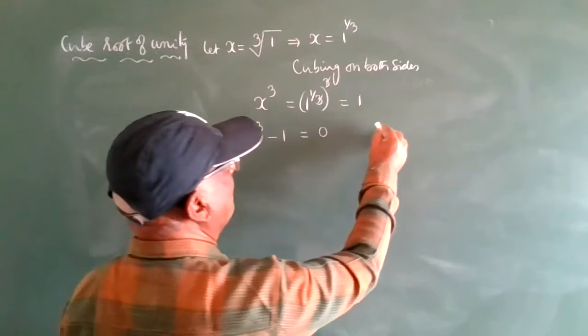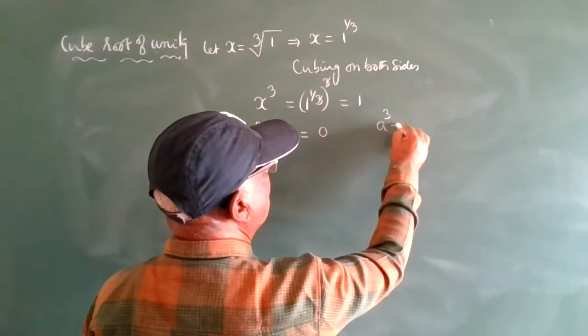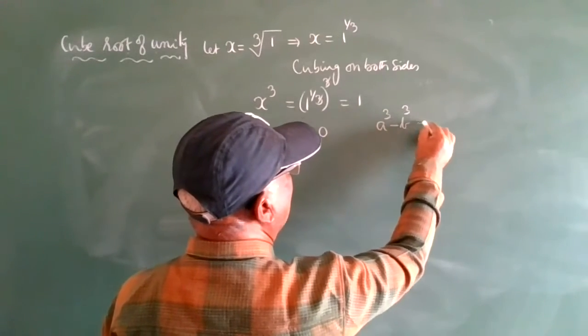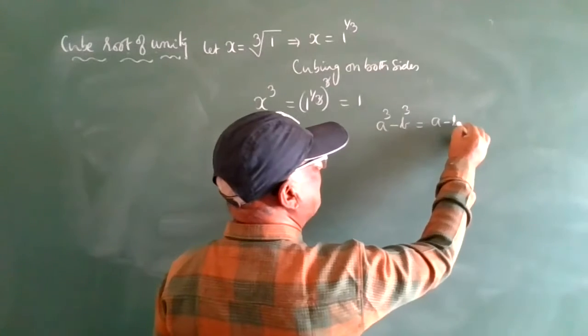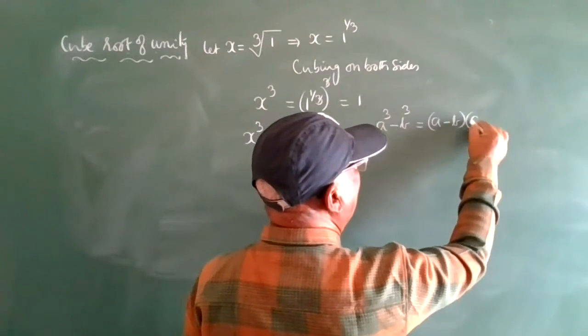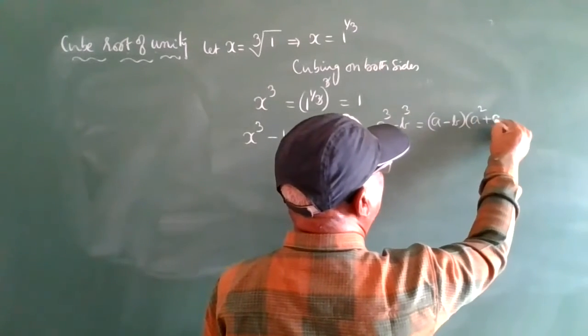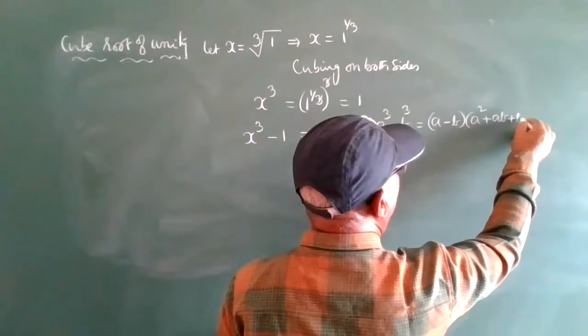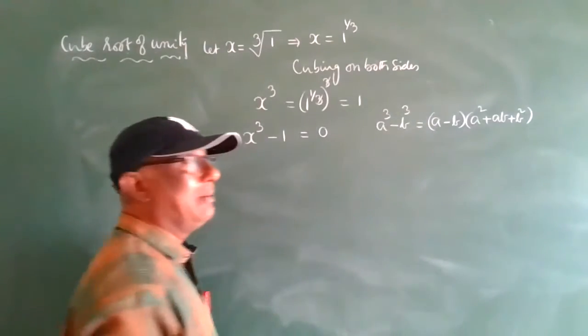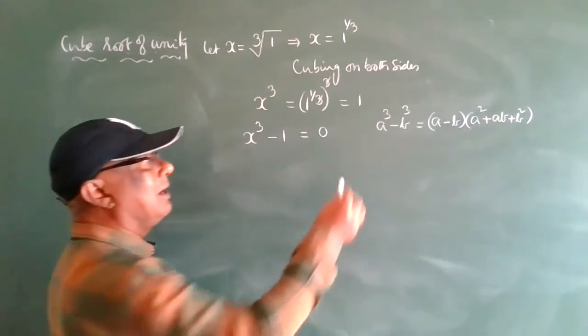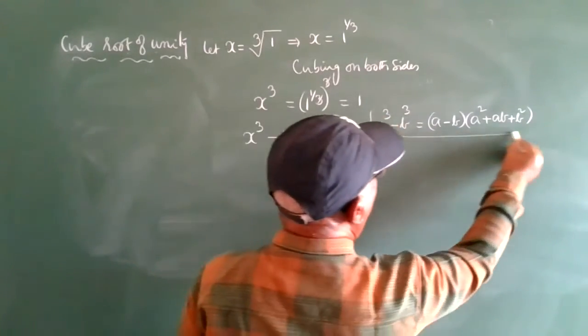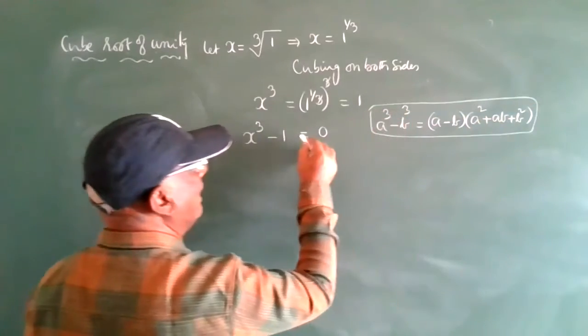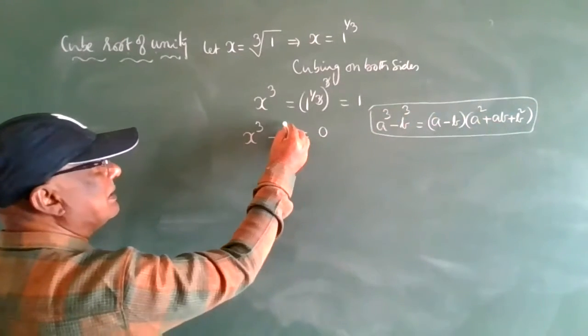Already we know the formula a cube minus b cube is a minus b into a square plus ab plus b square. Based on this formula, I am writing this: x cube minus 1 cube.